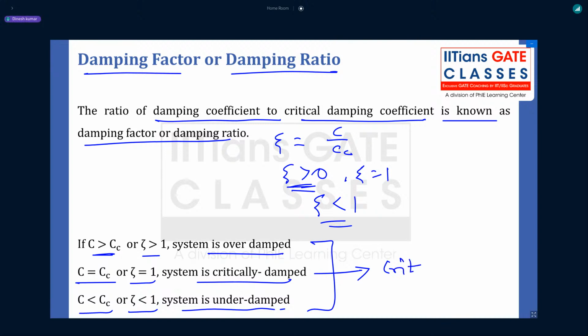Can you tell, Mr. Ravi, why it is critically damped? Ashali, why it is critically damped?